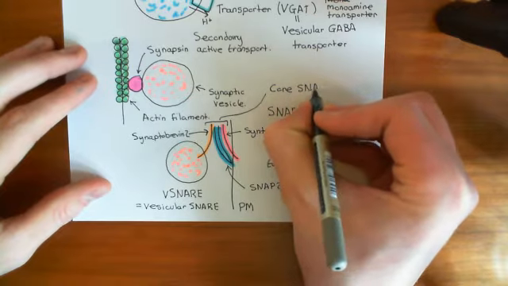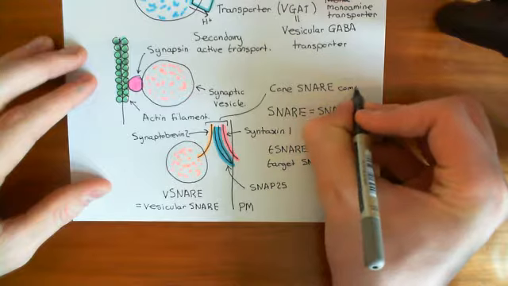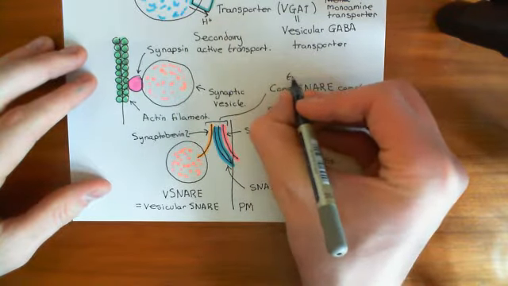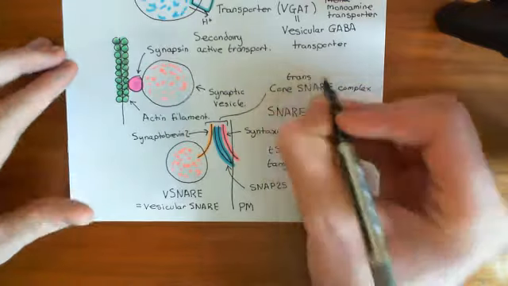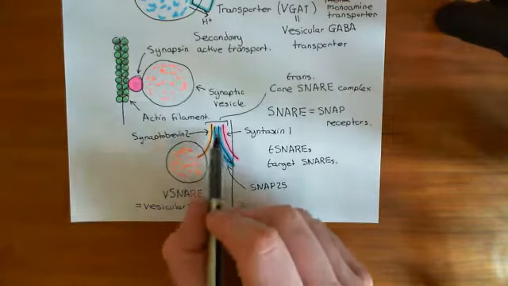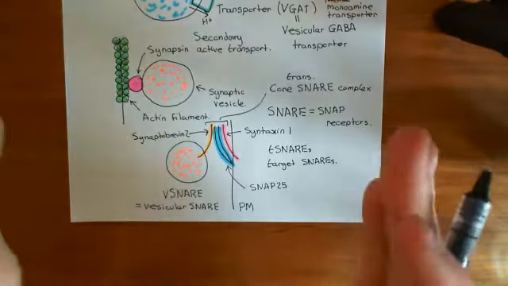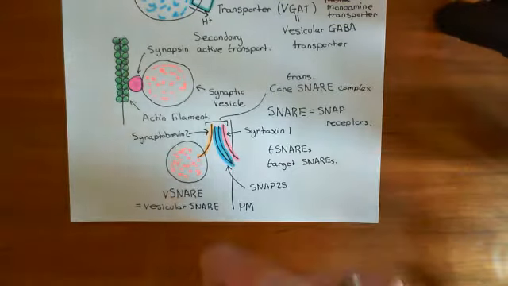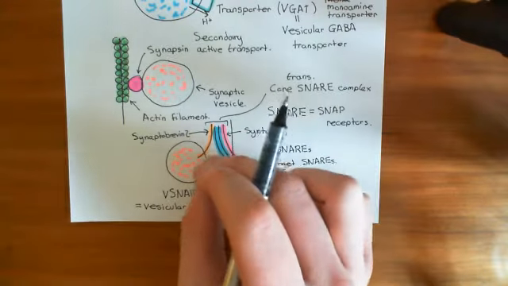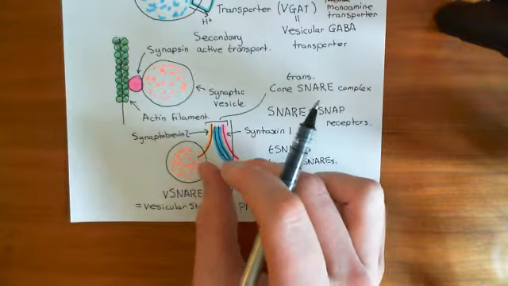These 4 alpha helices entangled with each other are a core SNARE complex. Specifically, at the moment, it's what's known as a trans core SNARE complex, because trans means on opposite sides. The V-SNAREs and T-SNAREs are on opposite membranes at the moment. As we'll see, once these fuse together, all these proteins will be in the same membrane effectively.